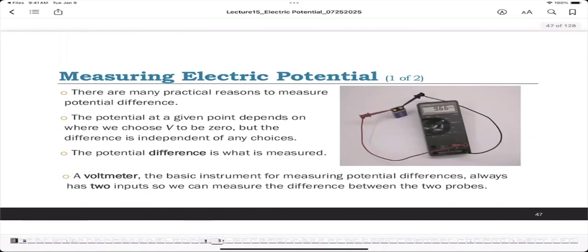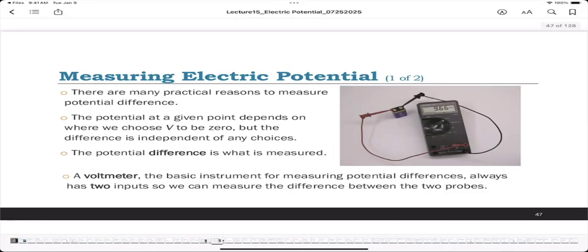Okay, let's talk about measuring electrical potential. There are many practical reasons to measure potential difference. The potential at a given point depends on where we choose V to be zero, but the difference is independent of any choices. The potential difference is what is measured.